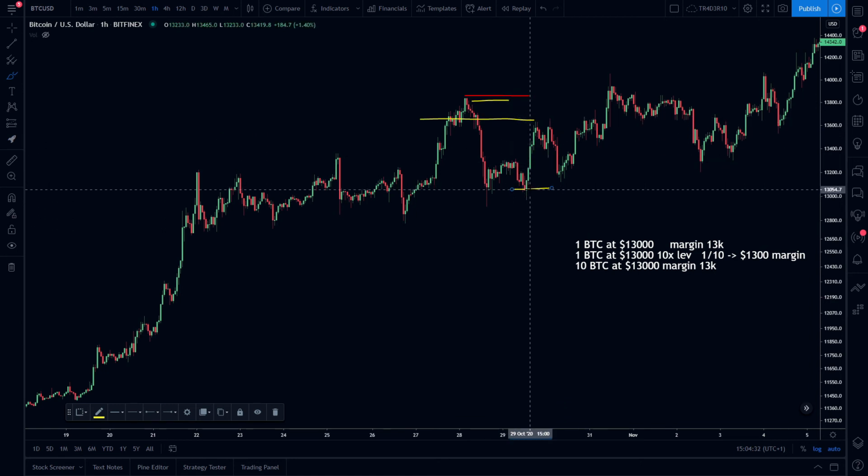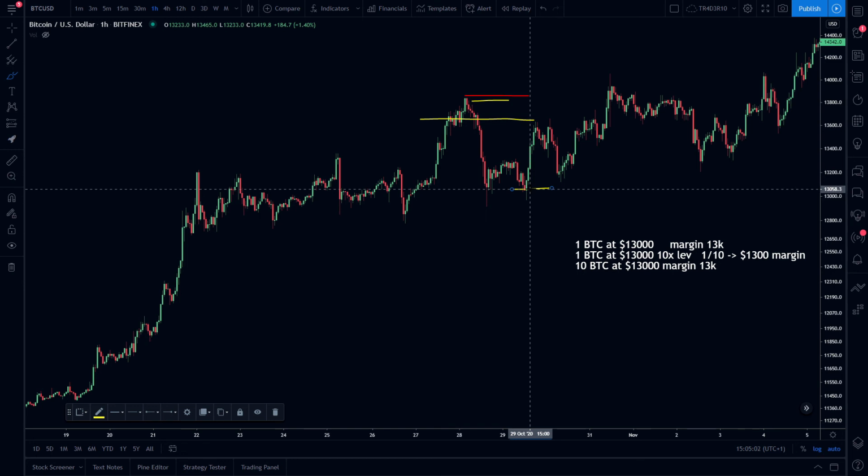Then you pay back the 1 BTC, not the funds, but the 1 BTC. Now you don't own the exchange or anything, but you did make the difference here, because it was a loan when BTC was at 13.6, and you bought it back at 13K-ish. So yeah, you made this difference on the whole BTC. So that's leverage trading.